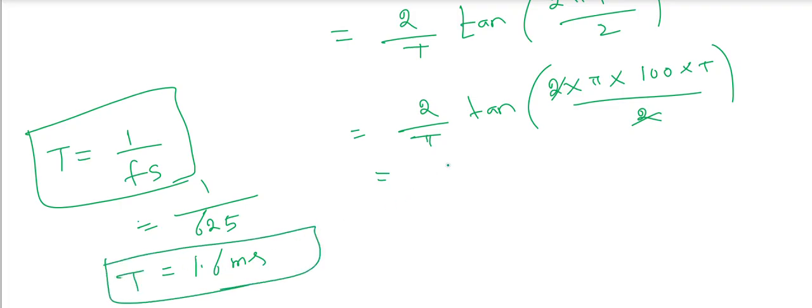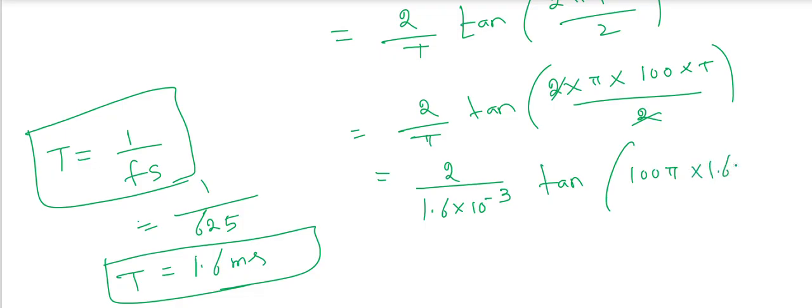Now you can substitute: 2 by 1.6 into 10 power minus 3 tan of 100 pi into 1.6 into 10 power minus 3. Use a calculator, compute properly. So we'll get omega c equal to 687.2 radians per second.